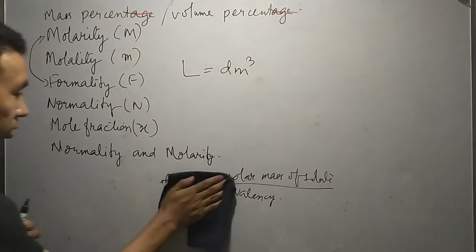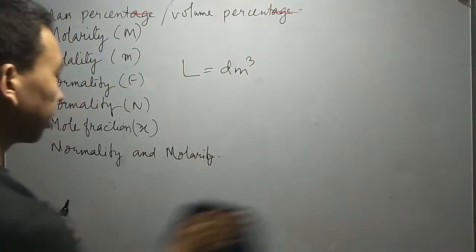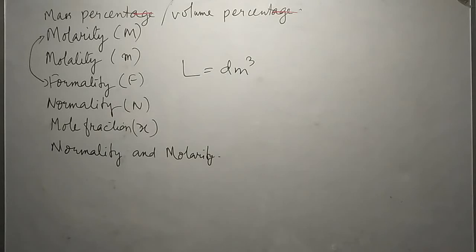The next one is mole fraction. Mole fraction of any component of a solution is defined as the ratio of the number of moles of that component divided by the total number of moles of all the components of the solution.